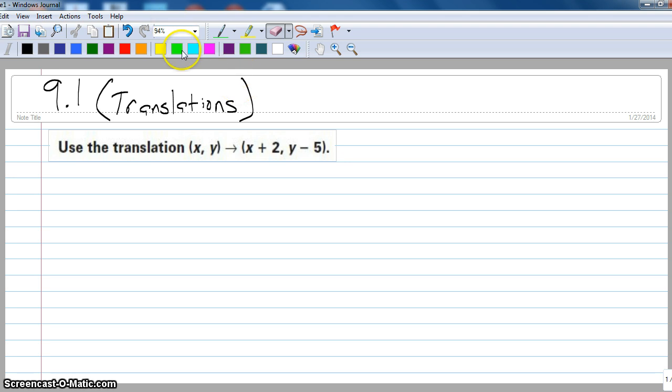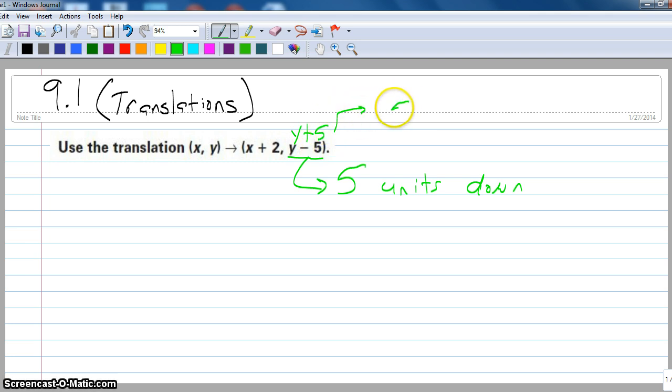Now, the y. The y says minus 5. Y minus 5 means you're going to go 5 units down. If it said y plus 5, then you're going to go 5 units up.